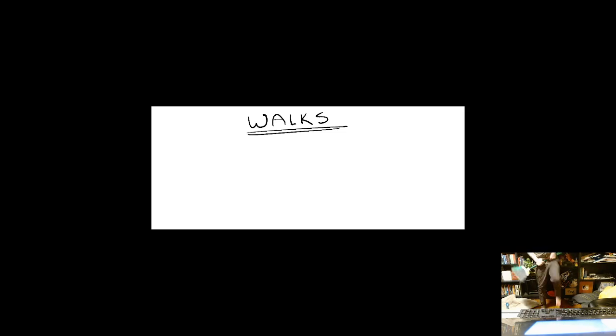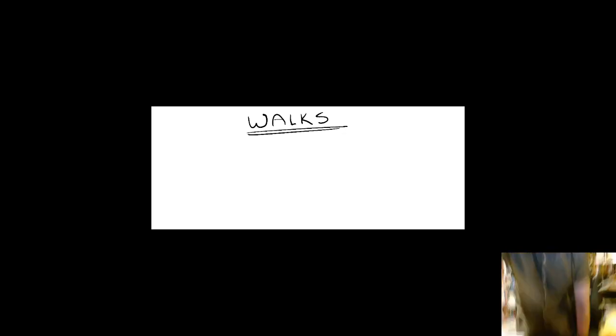It's very much like that. A more feminine style walk is going to be the exact opposite of that. Meaning if I lift up my right foot, my hip is going to go down. And then when I lift up my left foot, my left hip is going to go down like this. Cool. So that is the difference between a more masculine style walk and a more feminine style walk.